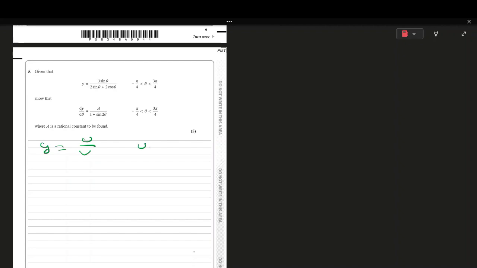So, u is equal to 3 sine theta, u dash is equal to 3 cos theta, v is equal to 2 sine theta plus 2 cos theta, v dash is equal to 2 cos theta minus 2 sine theta.